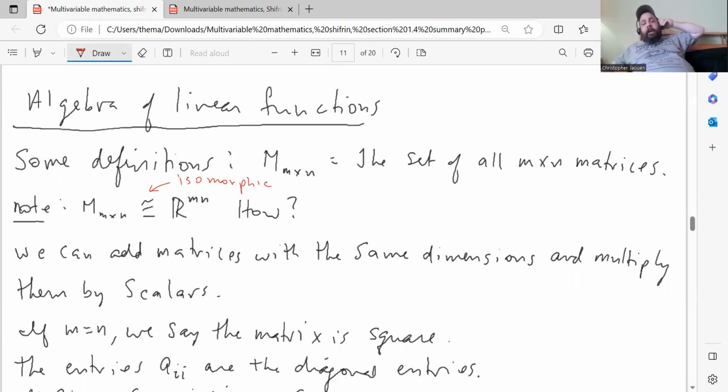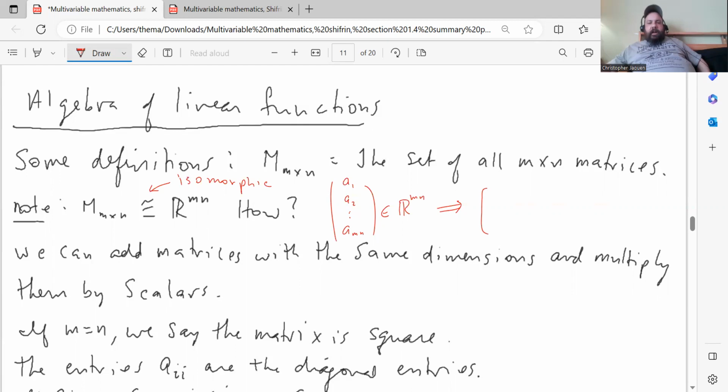And you could see that by, it should be natural how to do this. So if you have a vector in Rmn, right, a vector with mn elements in it, you can write that as an m by n matrix.